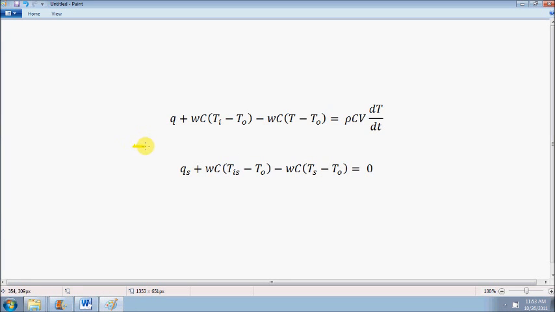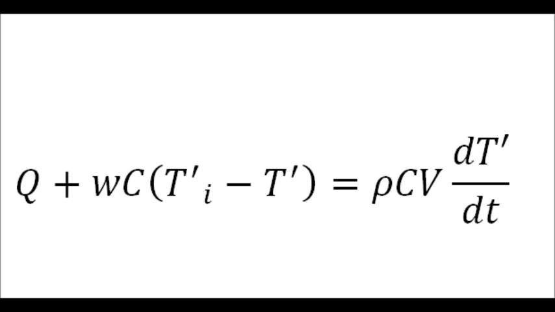The two equations can then be subtracted. Notice that the reference temperature To cancels out in subtraction. Deviation variables can then be introduced. By doing the mathematics, this equation can then be obtained.